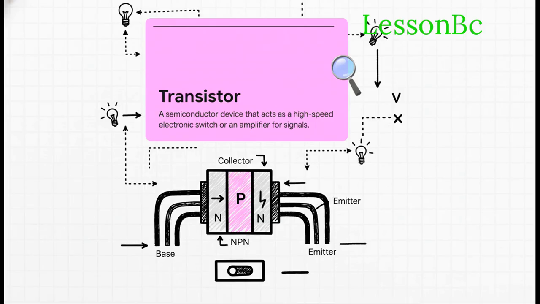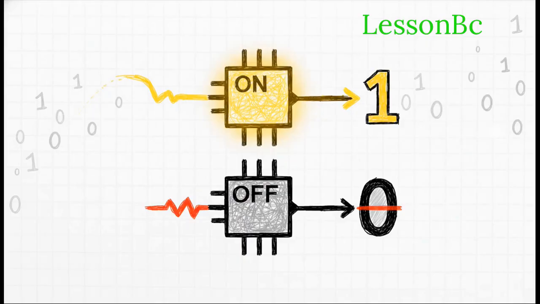A small electrical signal can turn a much larger flow of current on or off. And that simple on-off function, that is everything. That function is what allows transistors to speak the binary language of computers. Every single 1 and 0 that makes up your photos, your apps, this very explainer, it's all just a transistor somewhere that's either switched on or switched off.